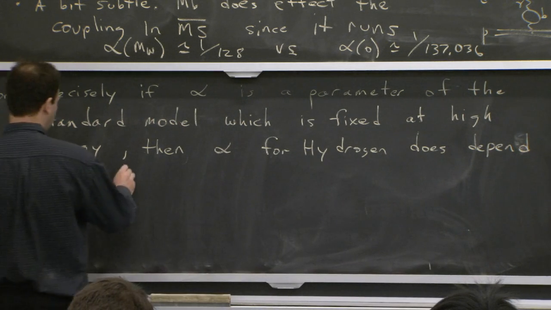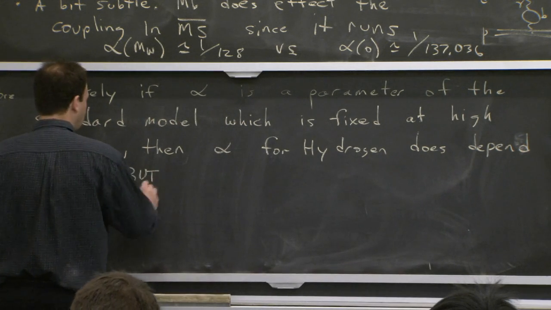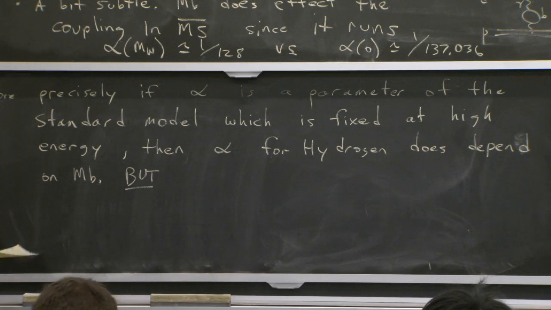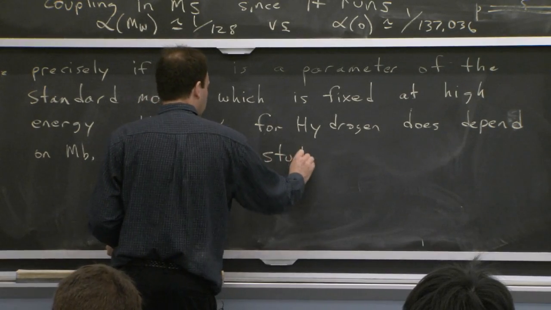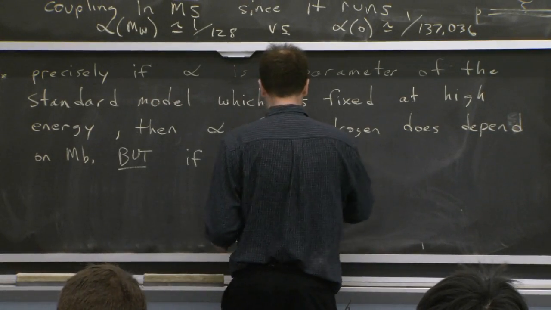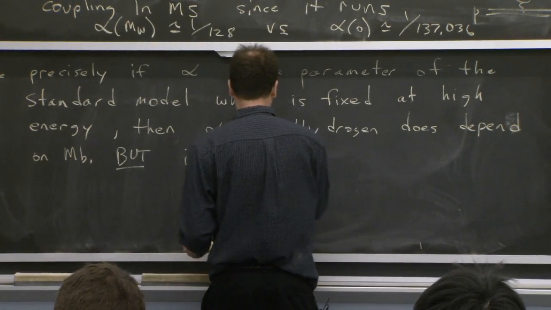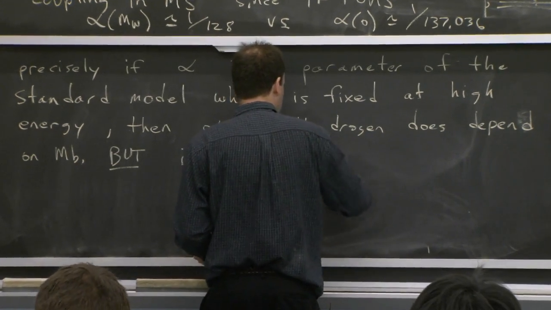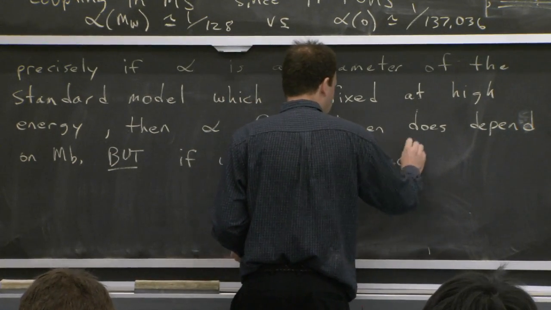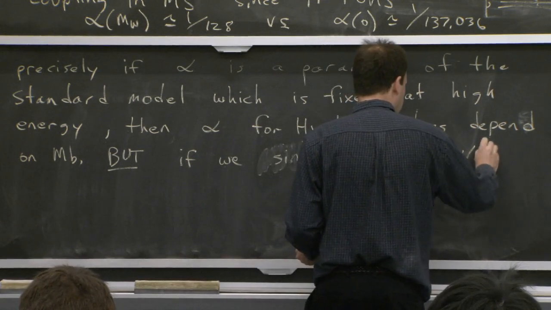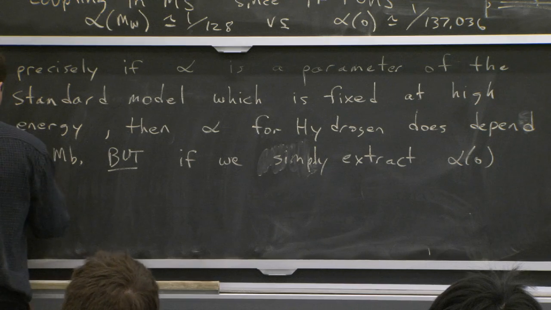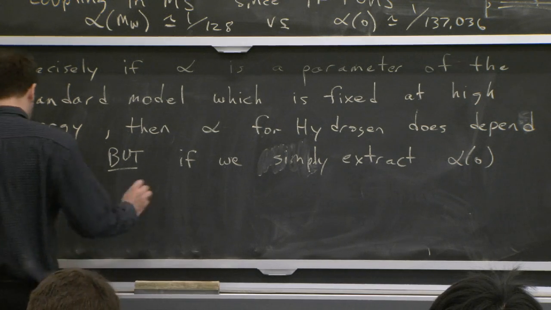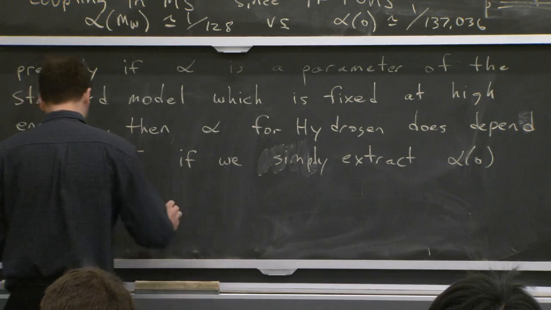But we could also take a different attitude, and that is we could take a low energy attitude. So we could say, let's forget about doing high energy physics. Let's just do low energy physics and extract alpha of 0 from some low energy atomic experiments.